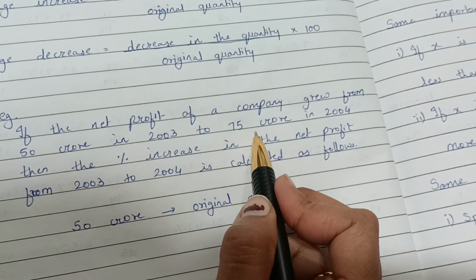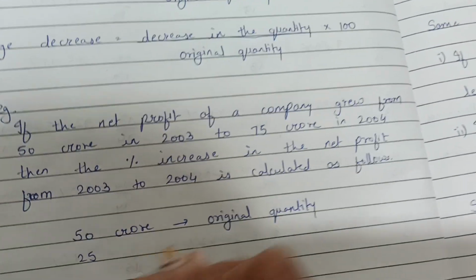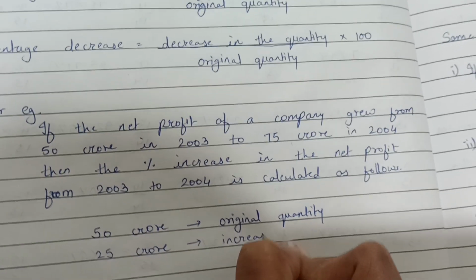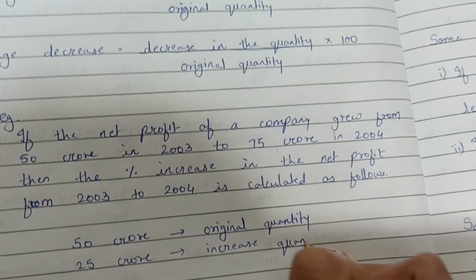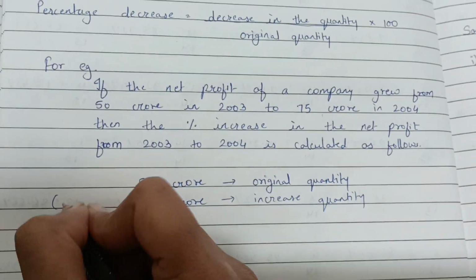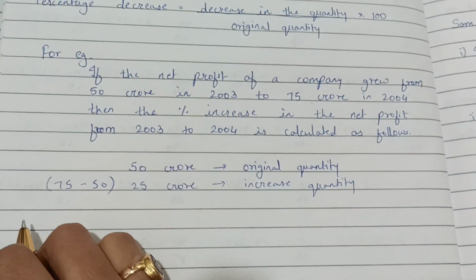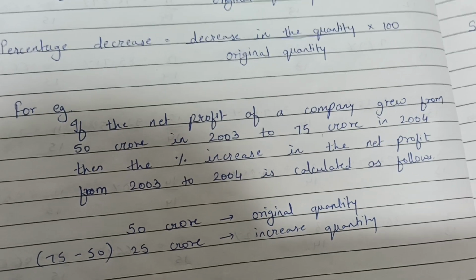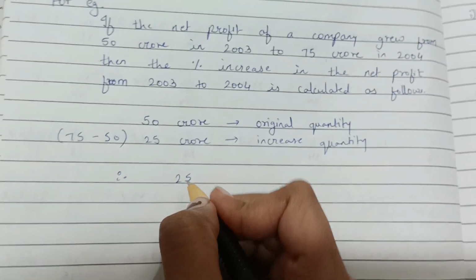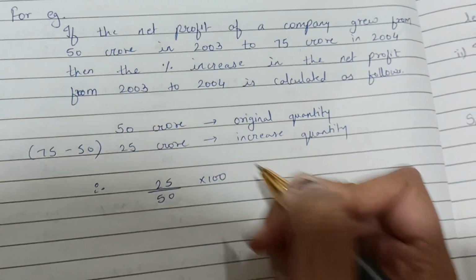So we have to take these two quantities. 75 minus 50, 25 crore is the increased quantity. So we will use the formula of 25 crore upon 50 into 100.